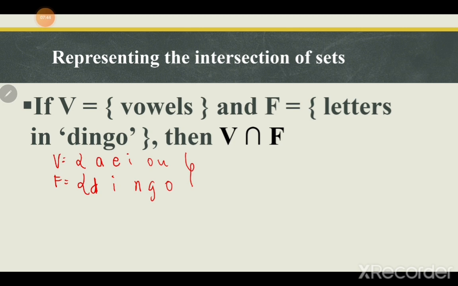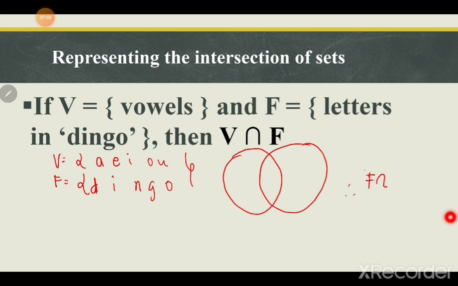Right? If we will represent the intersection of a set in a Venn diagram, ilalagay natin yung mga magkaparehas sa kanya. So, my F intersection of V, or my V intersection of F is equal to, what are the similar elements?